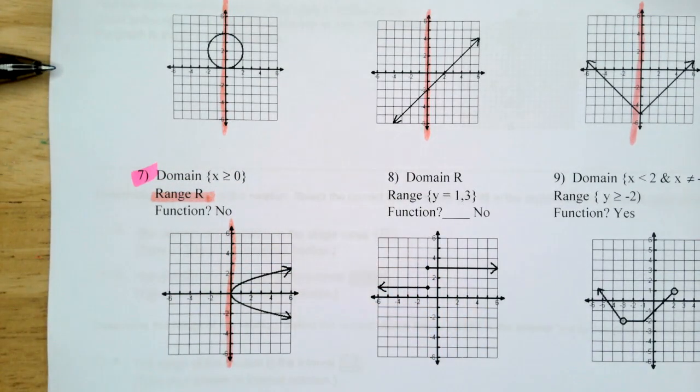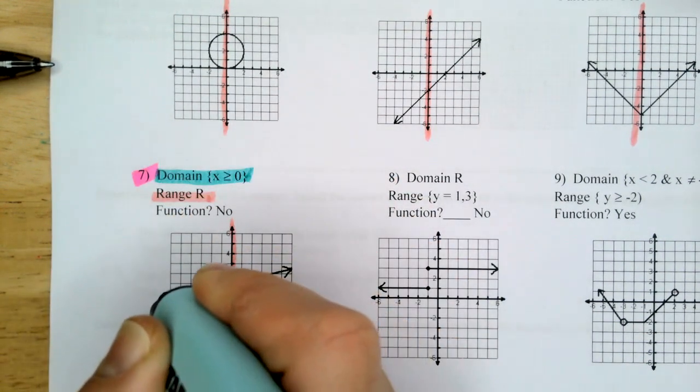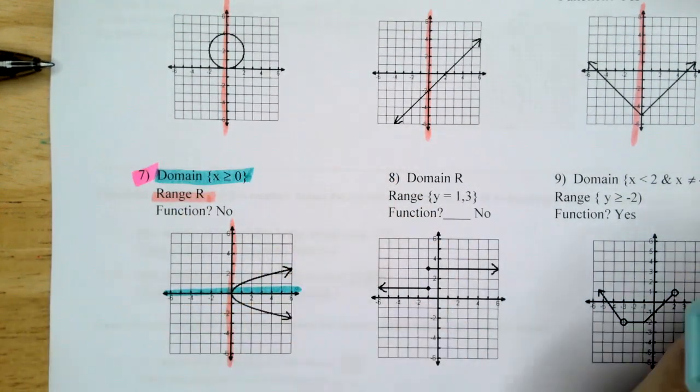So your range is up and down, and then your domain is your x, so your domain is left to right.